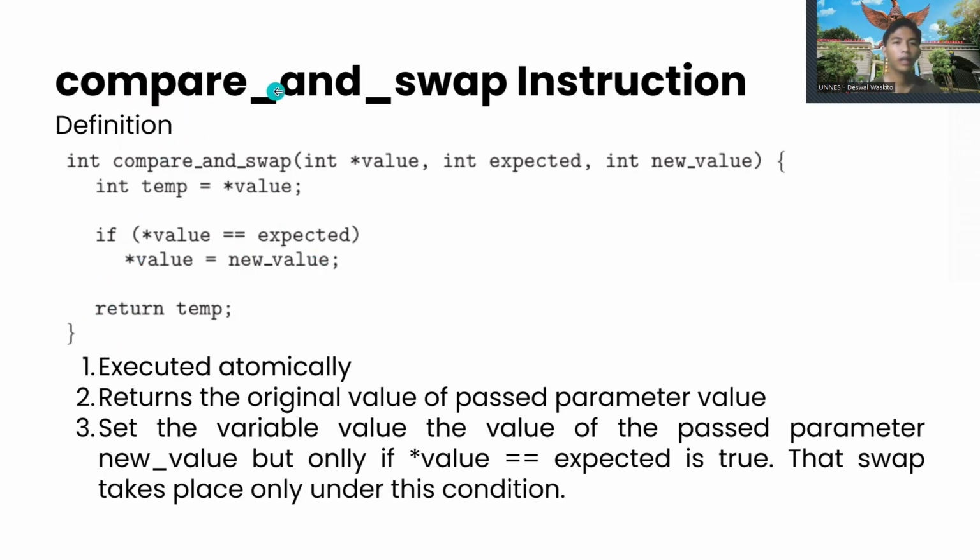So the compare and swap instruction executes atomically, returns the original value of the passed parameter value, and sets the variable value to the value of the passed parameter new_value, but only if value is equal to expected is true. That swap takes place only under this condition.